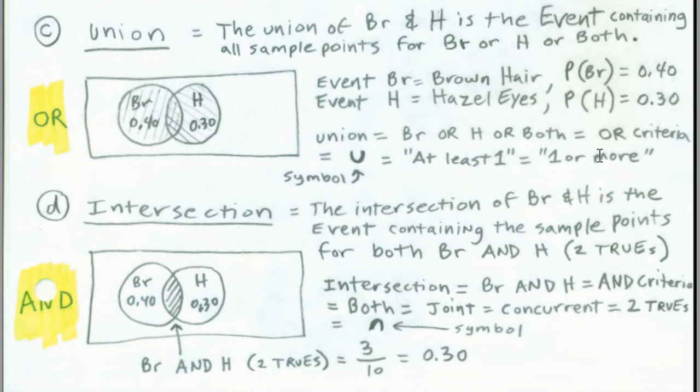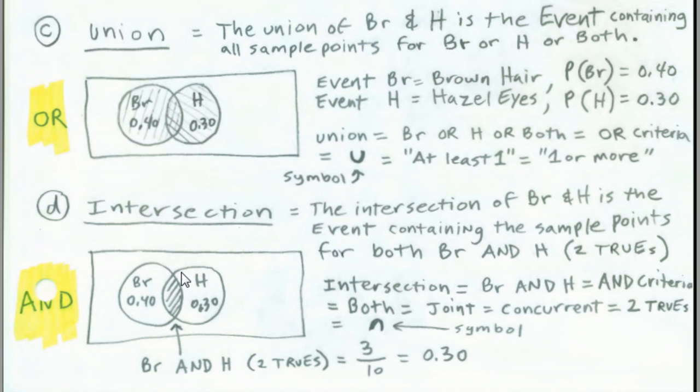I use or. The textbook uses union, but no problem. Most of my diagrams, I'll list both. Also, you'll see at least one, because remember when we're talking brown hair or hazel eyes, someone might have just brown hair, or they might have just hazel, or they might have both. So the union, sometimes they refer to it as at least one or more.